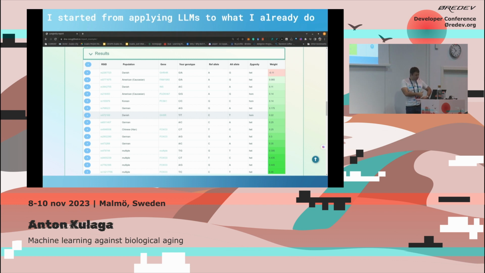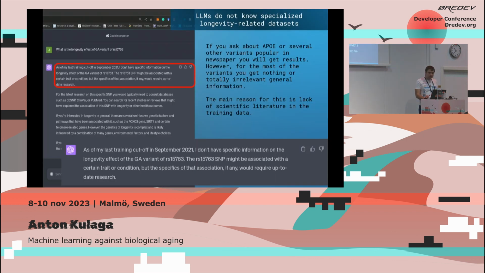Some of them I have on my t-shirt. You can see the gene variants, green is good, red is not good. And it's pretty hard even for trained people, because there are so many genes, to actually make sense of it. For these reasons, we wanted the large language model to answer what this gene variant is about.